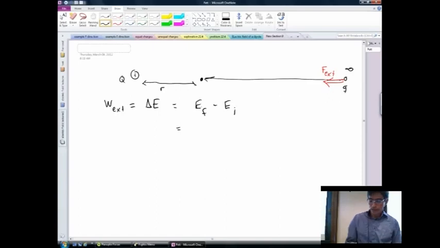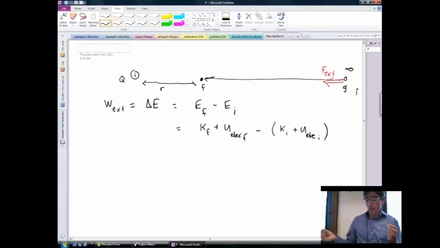The final energy is the final kinetic plus the final electric potential, and you're subtracting the initial energy, which is the initial kinetic plus the initial electric.